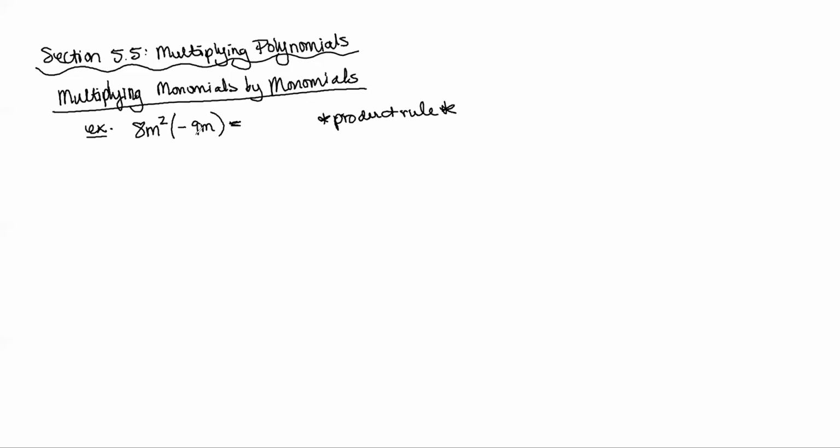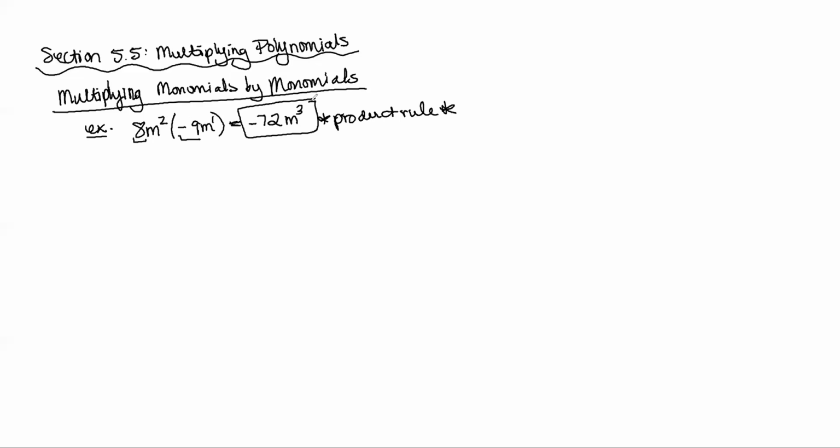So we're going to multiply the like parts together. 8 times negative 9 is negative 72. M squared times m to the first. Add those exponents and we get m cubed. And that's all we have to do with these.